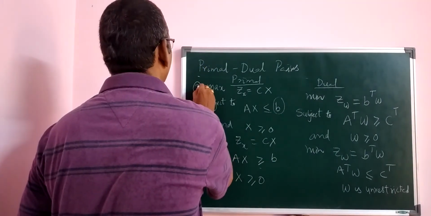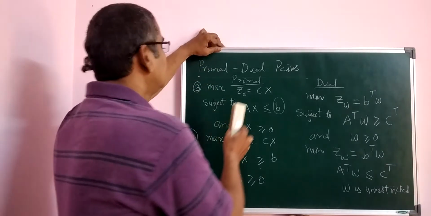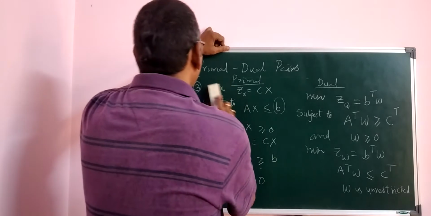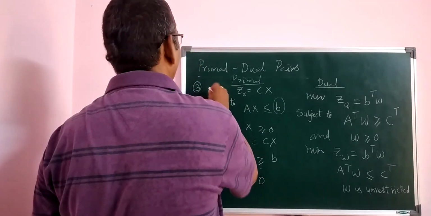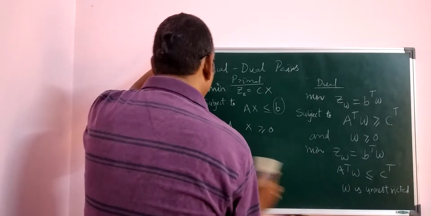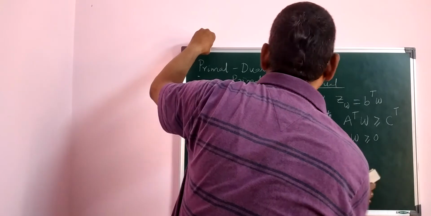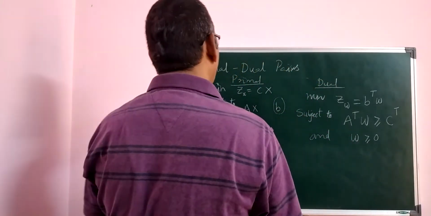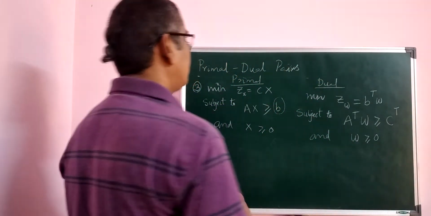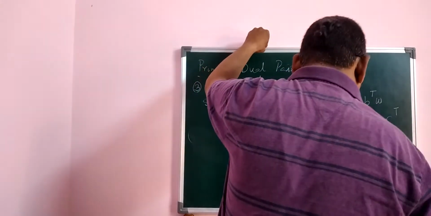For example, here you consider a minimization problem. If the constraints are greater than or equal to, then in the dual the constraints become less than or equal to.